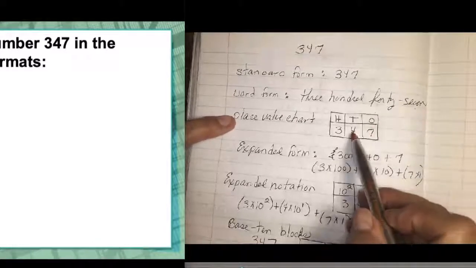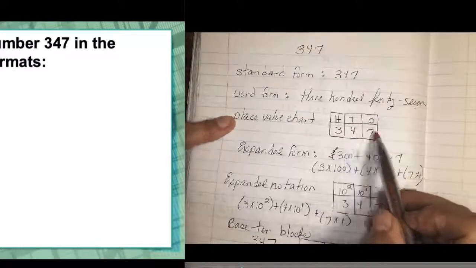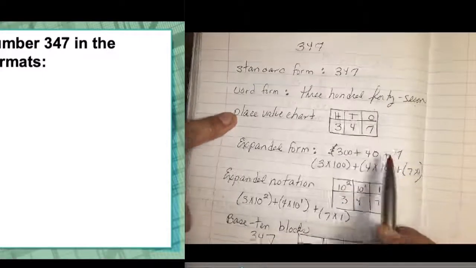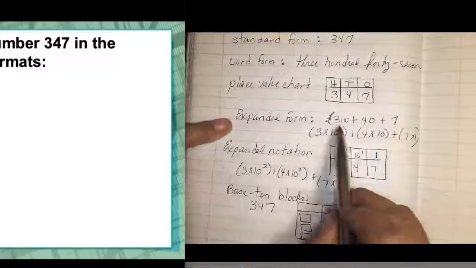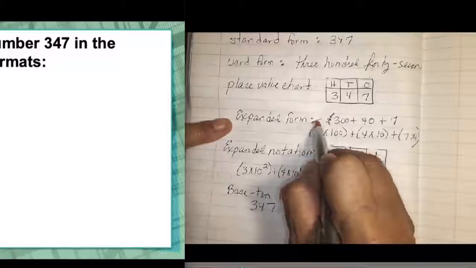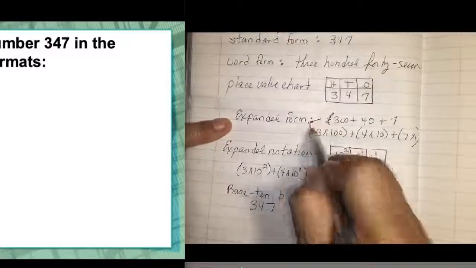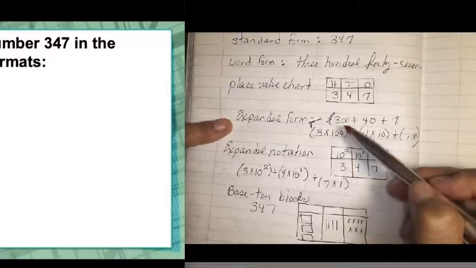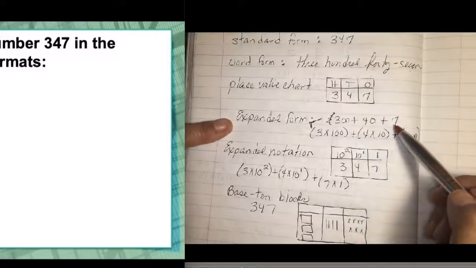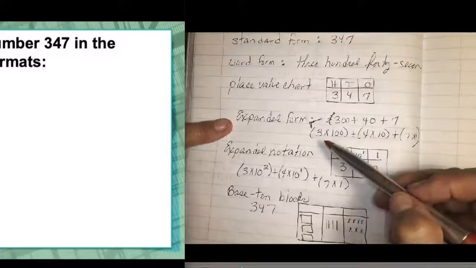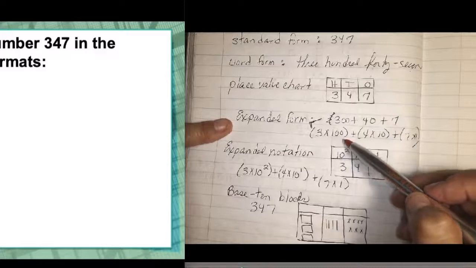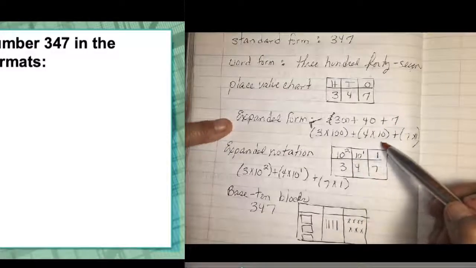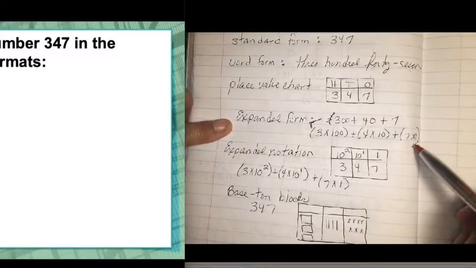We placed the digits in a place value chart. So I just did a quick little sketch here. We did expanded form. There were 2 types of expanded form. 300 plus 40 plus 7. And the second one is 3 times 100 plus 4 times 10 plus 7 times 1.